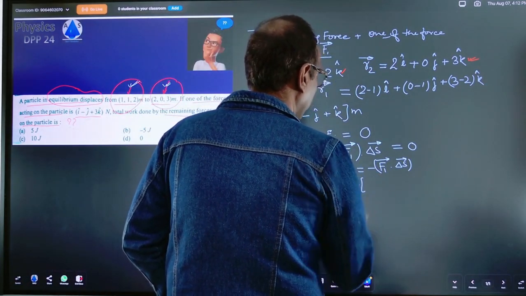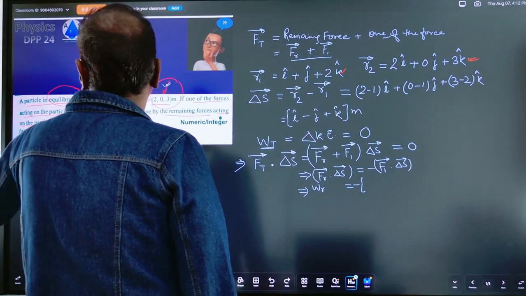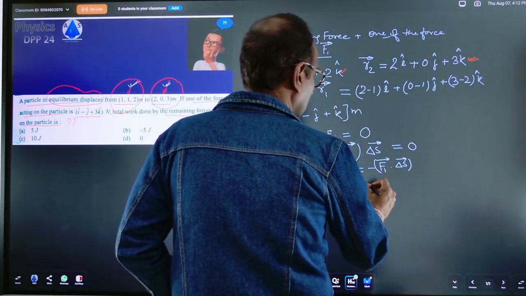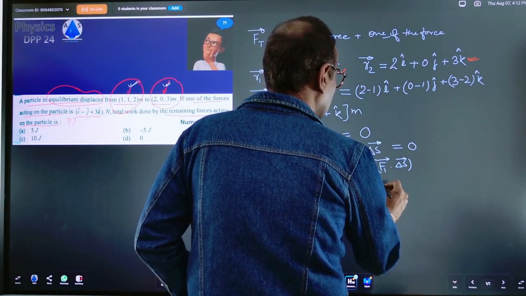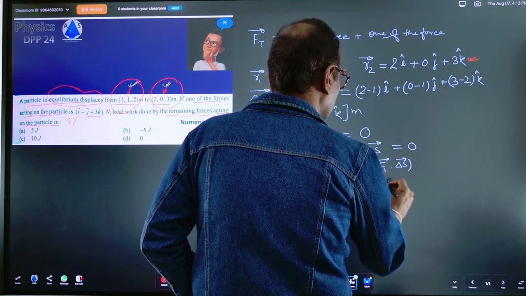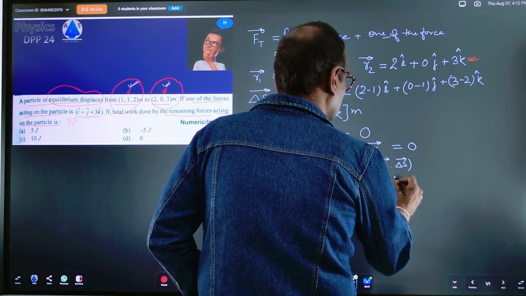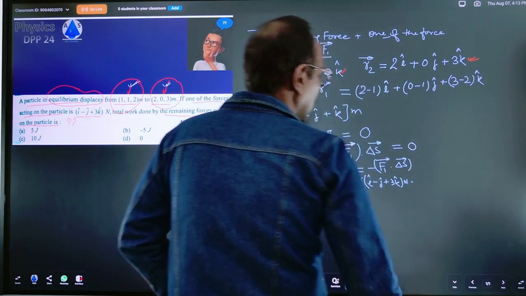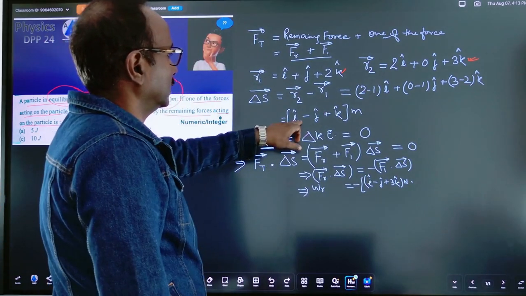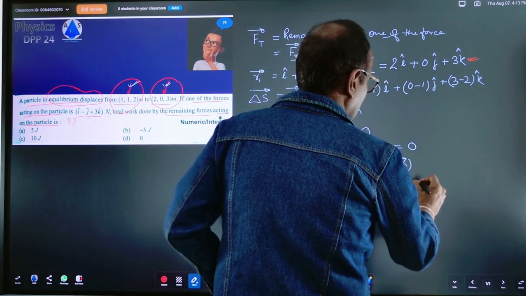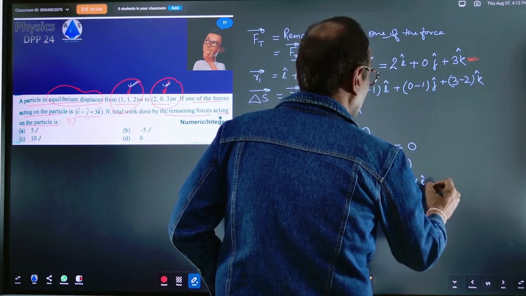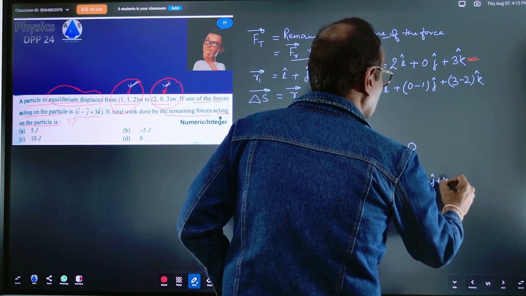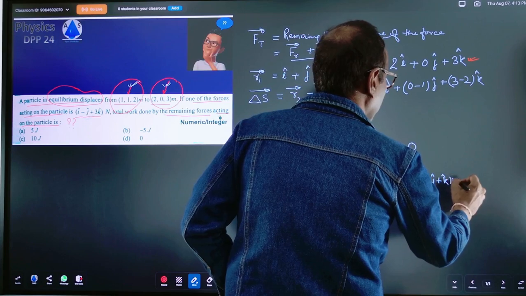How much is F1? F1 is given: i minus j cap plus 3k Newton. Dot, how much is your delta S? i cap minus j cap plus k cap meter.